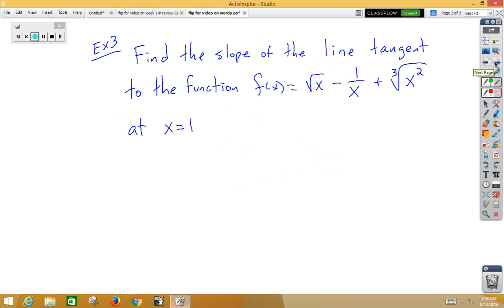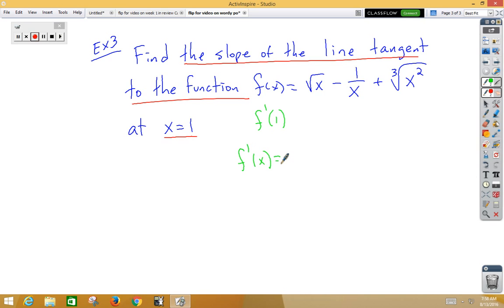In our third example, again, we want to find the slope of the line tangent to the function. That would mean we're going to find f prime, and then we're going to plug in the x value. In this case, again, it's 1. So let's go ahead and take a look at the derivative f prime of x for this.